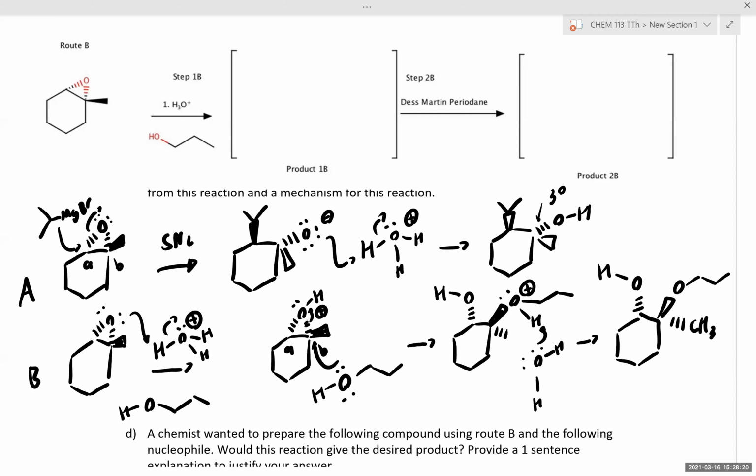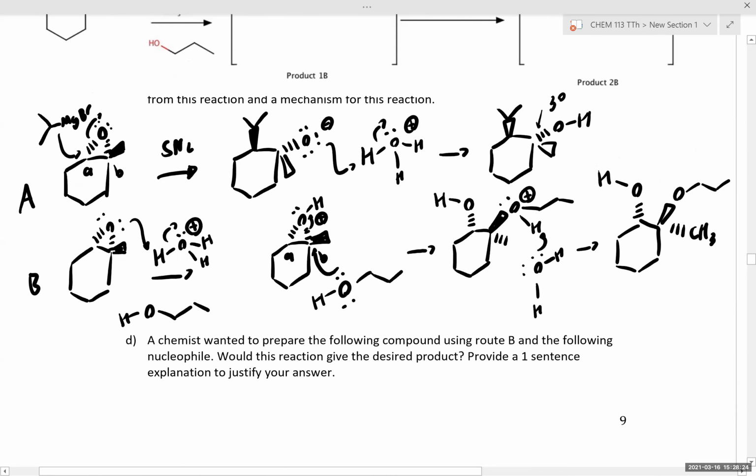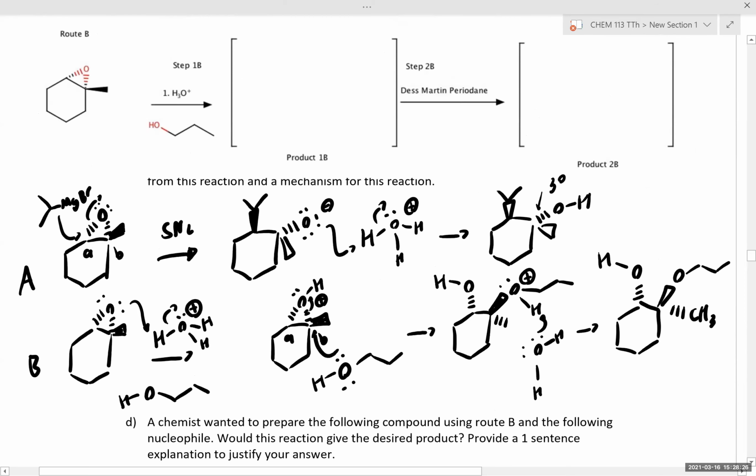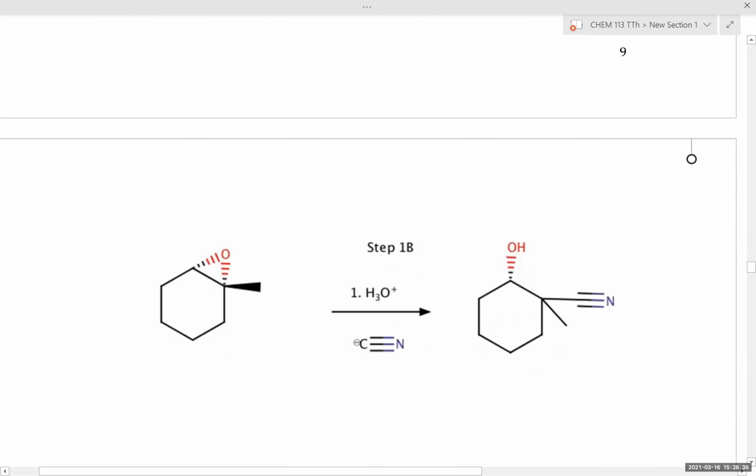Okay, so while we're on the note of acidic and basic conditions, before we finish out this Dess-Martin periodinane mechanism, let's answer the question posed. A chemist wanted to prepare the following compound using route B and the following nucleophile. Would this reaction give the desired product? So we are treating this epoxide with acid and cyanide.